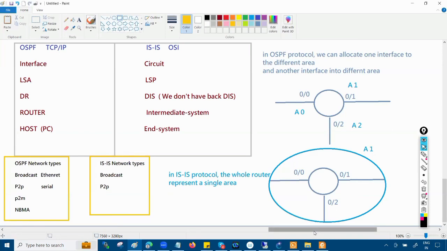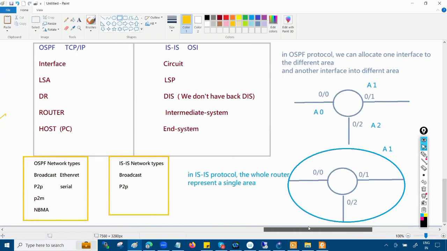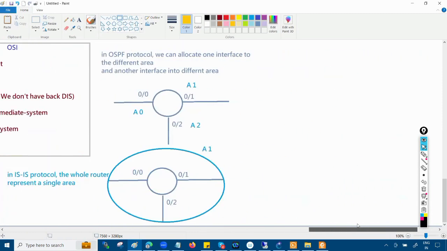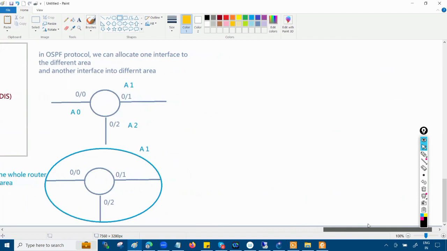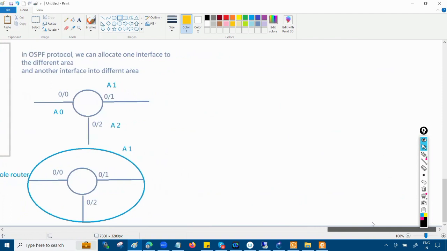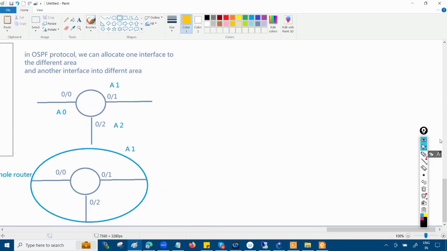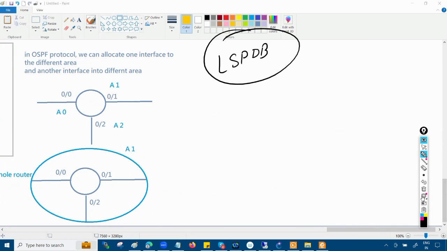Now, let's go into more detail of IS-IS. I hope the basic funda is clear to you guys. What is the IS-IS protocol now? IS-IS is also a link-state routing protocol. Same concept, they have the Dijkstra algorithm, right? Same, they have an LSDB table, but in IS-IS we call it an LSPDB table. I'll let you know why we call it an LSPDB table. Don't worry about that. But let's focus on the basic part.